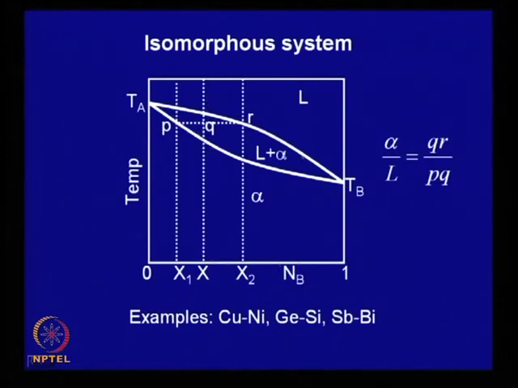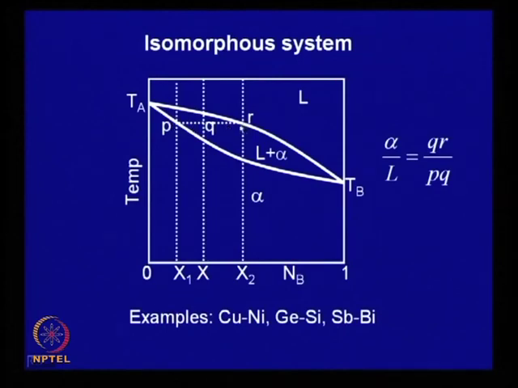Just to recollect, this is the phase diagram of an isomorphous system, and in the two phase region one can apply the lever rule to find out the proportion of alpha and liquid which are coexisting.